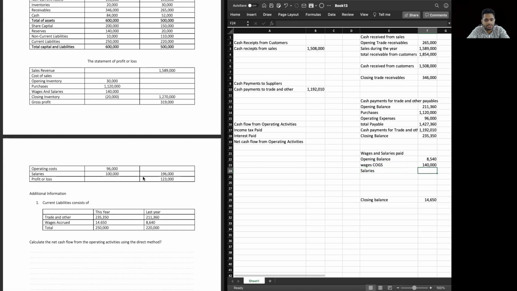So the total payable is going to be 8,640 plus 140,000 plus 100,000, which is 248,640.